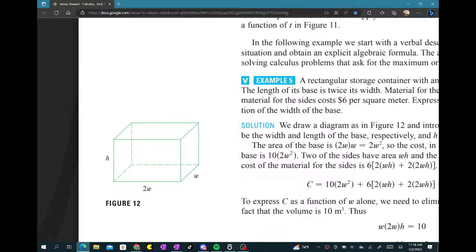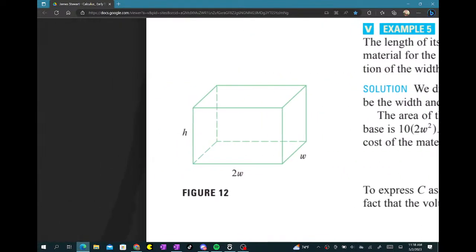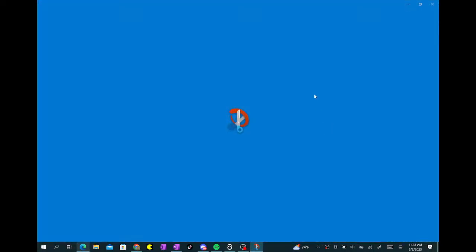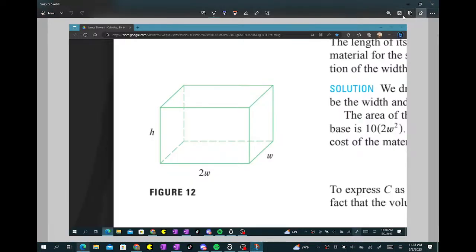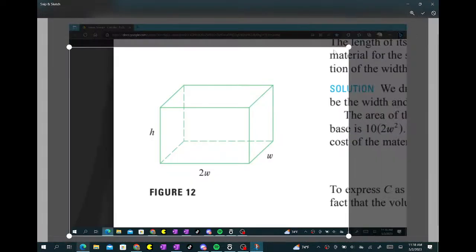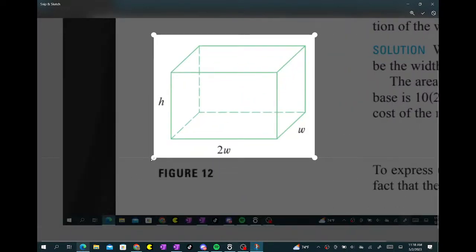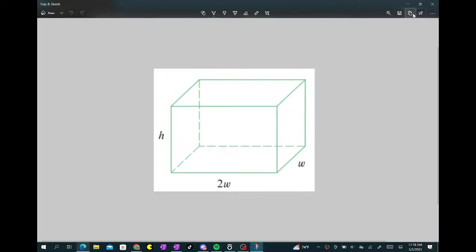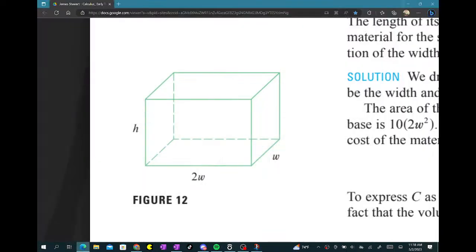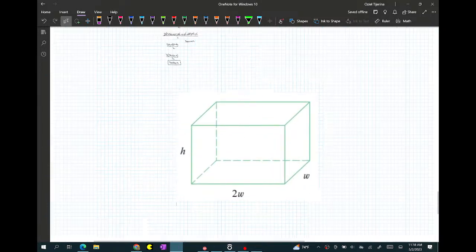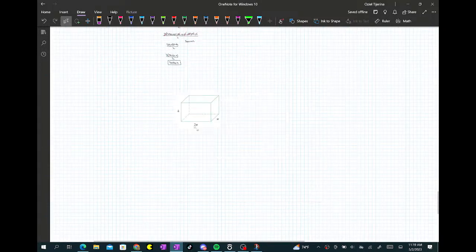Let me do a little snip here so that I can crop it and paste it, because I don't know how to draw this solid. So we're going to go ahead and do that. It's going to be right here. And of course, like always, it makes it very big.